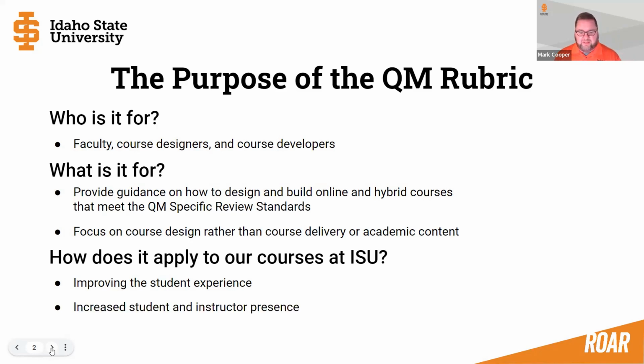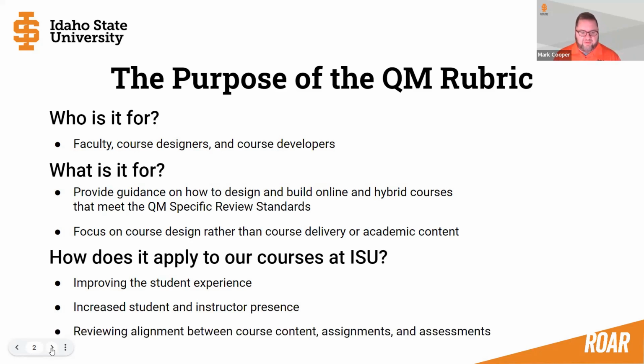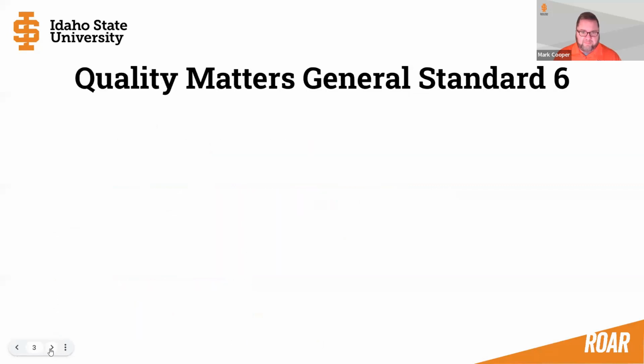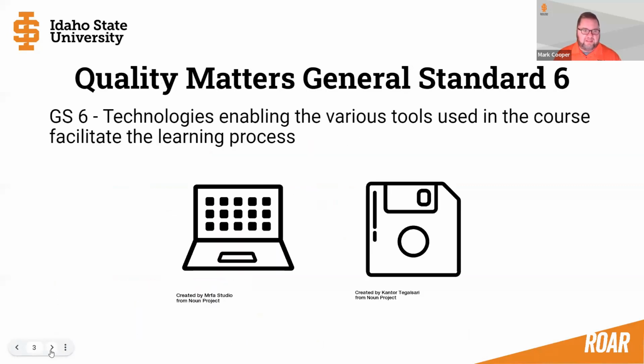Increased student and instructor presence, and in reviewing the alignment between your course content, assignments, and the assessments. Today, we'll talk about General Standard 6, and that is technologies enable the various tools in the course to facilitate the learning process.